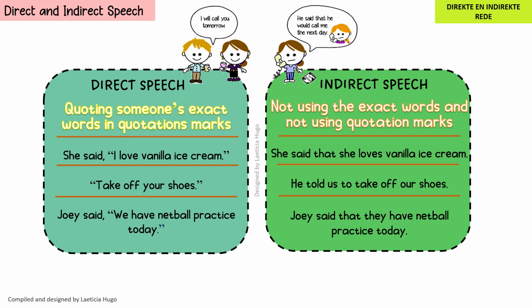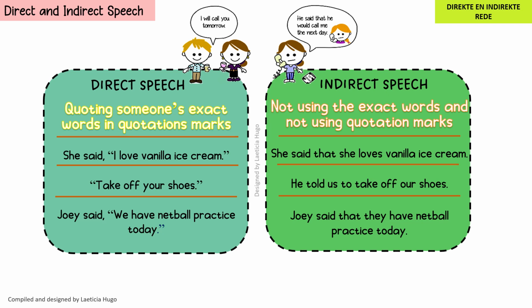Let's go through these 3 examples. First one, she said, "I love vanilla ice cream." You will see after she said, there's a comma, then the first quotation mark, then I love vanilla ice cream, full stop, and then you close that speech with another quotation mark.